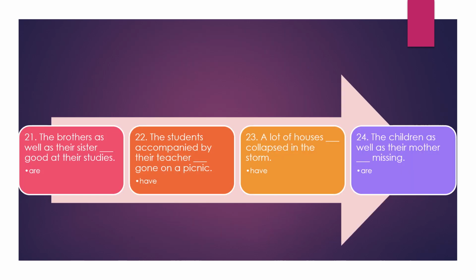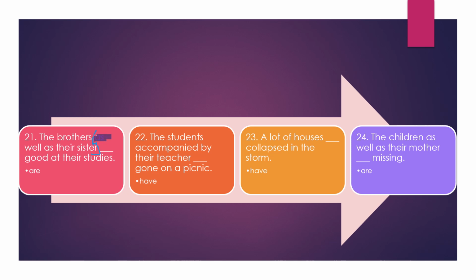The brothers as well as their sister dash good at studies. Now again, there is "as well as." So I will start my bracket from here and close the bracket here, and that means I have put this entire thing within the bracket.